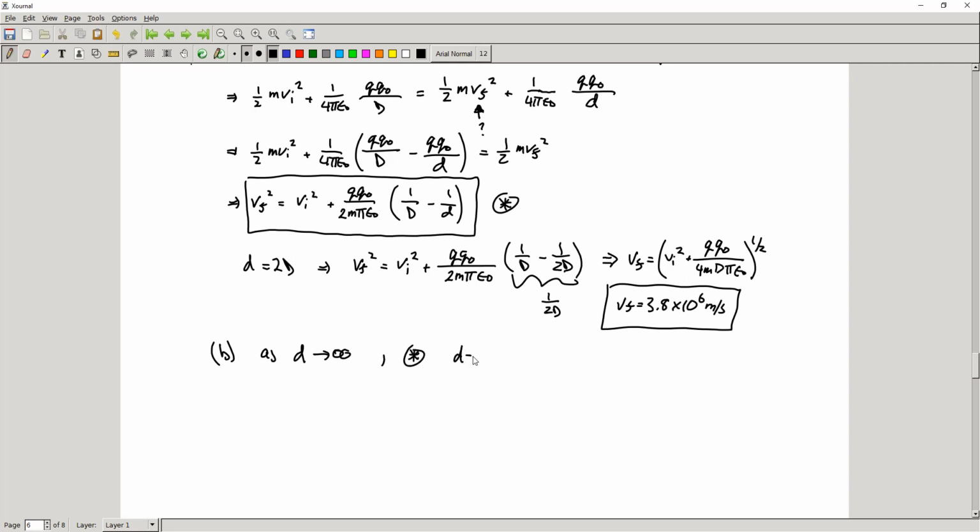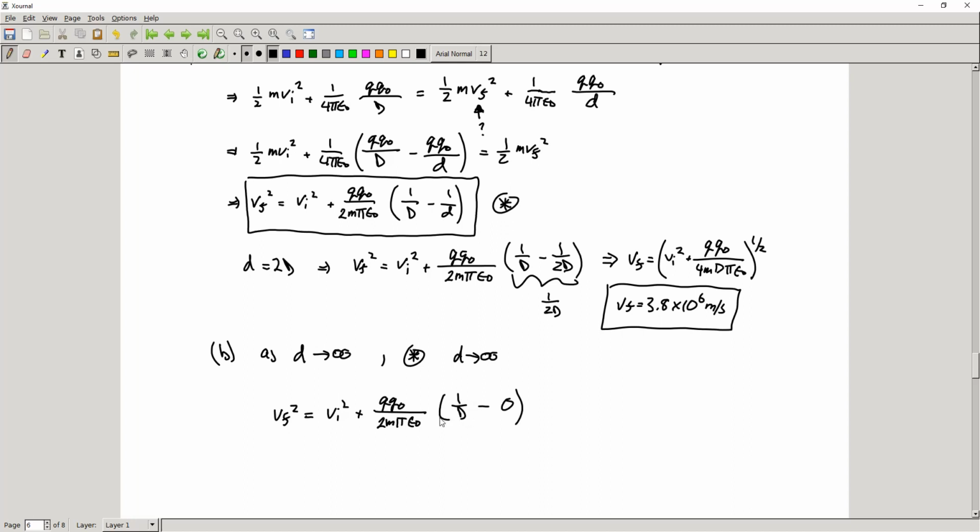and set d to infinity. So what happens if we go back to the star equation and set d to infinity? Well, we end up with Vf squared equals Vi squared plus q naught over 2m pi epsilon naught times 1 over D minus, well, 1 over infinity is just going to give us 0 in the limit, obviously.